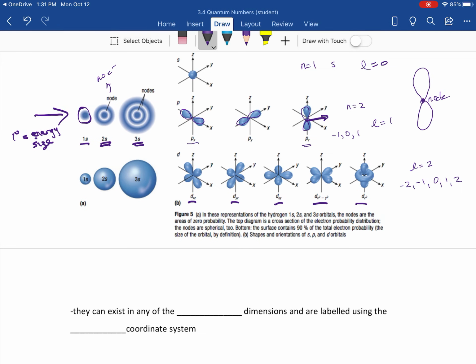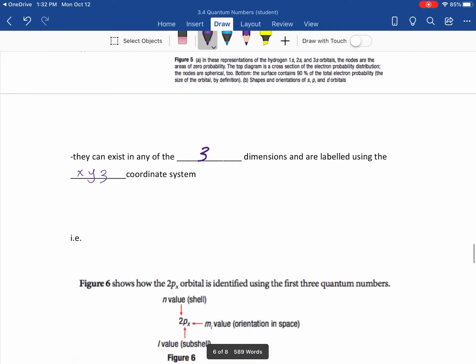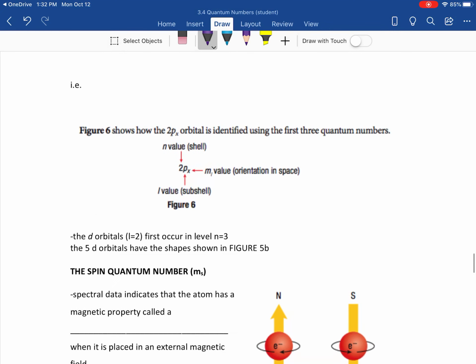Okay? So these orientations can exist in any of the 3 dimensions and are labeled using that X, Y, Z coordinate system. So let's take a look. And I've already been drawing these, but I want to remind you. Figure 6 shows us how the 2px orbital is defined. So the number is my n value, and my n value is my principal quantum number, right?